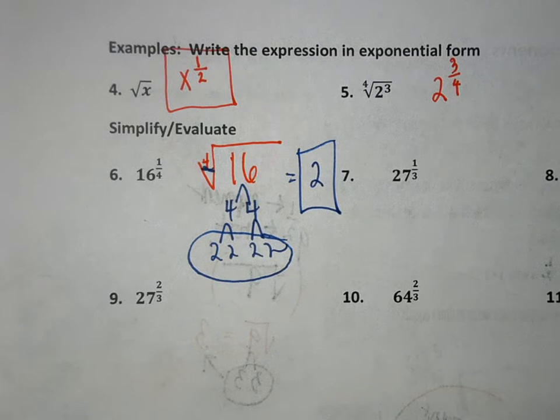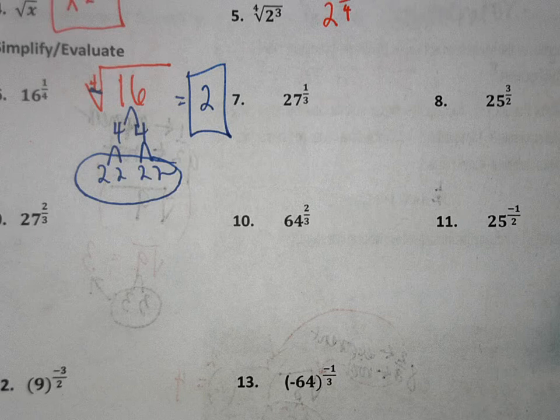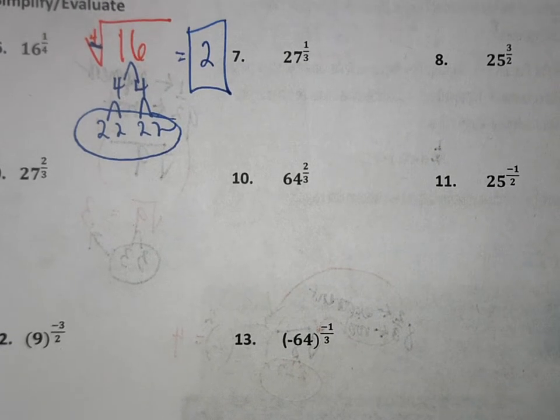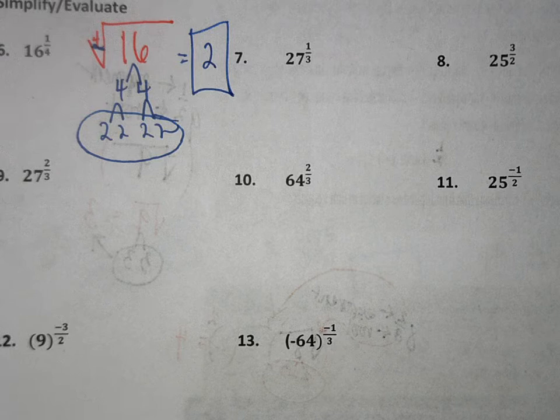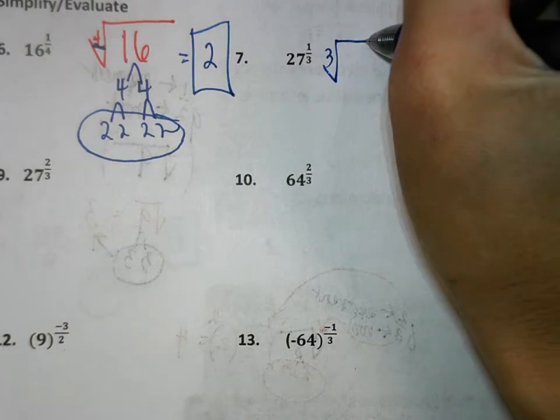I'm going to give you about 20 seconds here to try example 7 on your own. Okay, so on 7, you should have written the cubed root of 27.